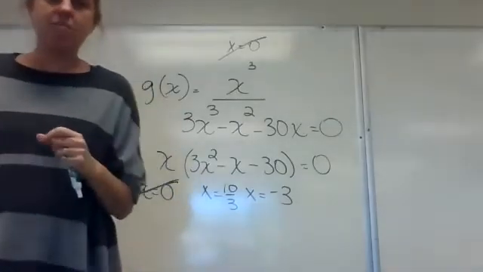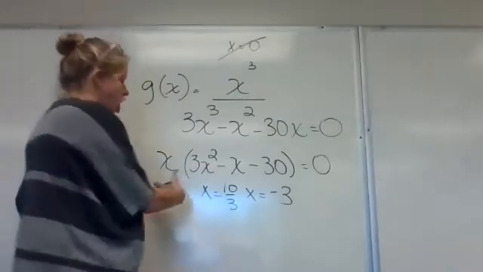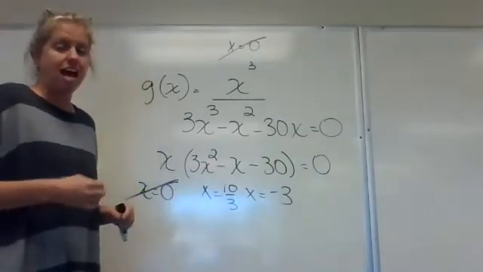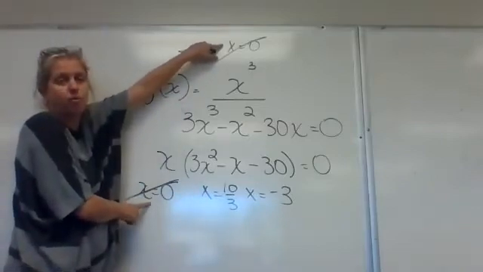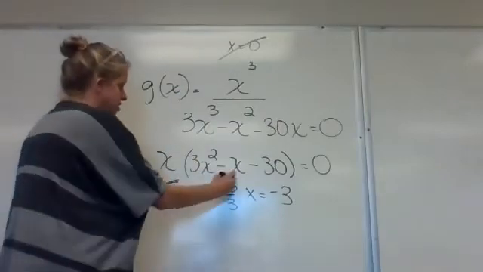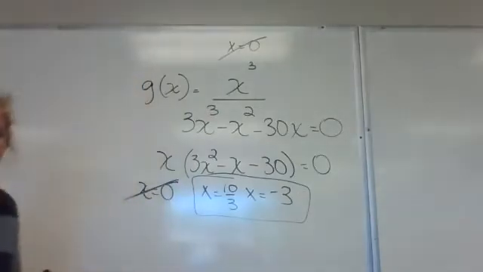That's what that disclaimer is saying on the vertical asymptote rule. All your answers down here are vertical asymptotes as long as they're not also what would make the top 0. So your only vertical asymptotes are those two, 10/3 and -3.